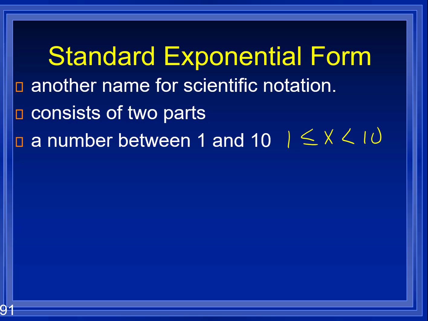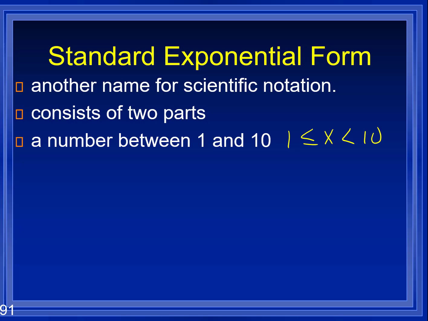So that means that everything that is a number between 1 and 10, what it has in common is it starts with a digit, and then there's a decimal point. It starts with a non-zero, then there's a decimal point, and then there's stuff after the decimal point or not, it doesn't matter. That's a number between 1 and 10. That makes sense?